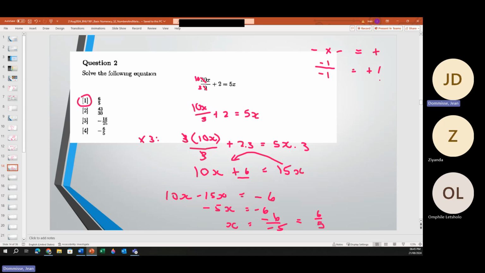So again, that is important because one could easily have made that mistake by putting it as minus 6 over 5.